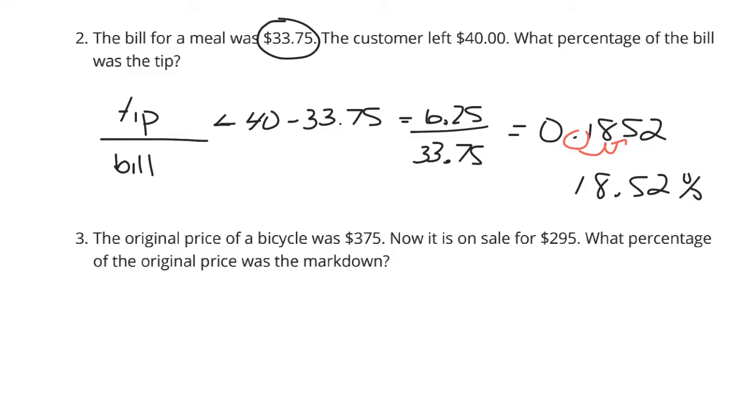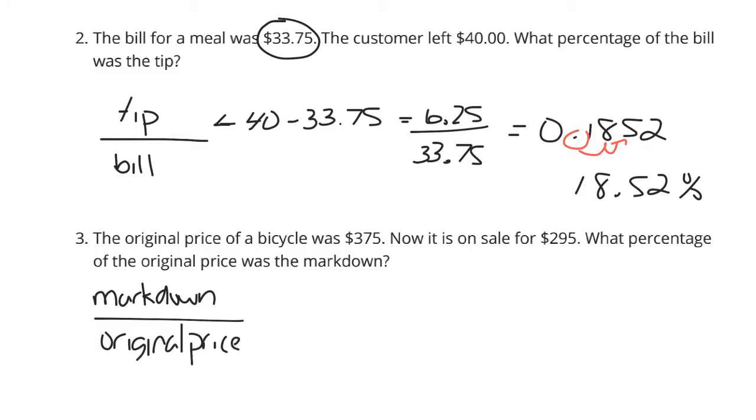Now, the original price of the bicycle was $375. Now it is on sale for $295. What percentage of the original price was the markdown? So here we're looking for markdown, and we're dividing it by the original price. Well, once again, we're given the original price, but we're not directly given the markdown, so we have to calculate it.